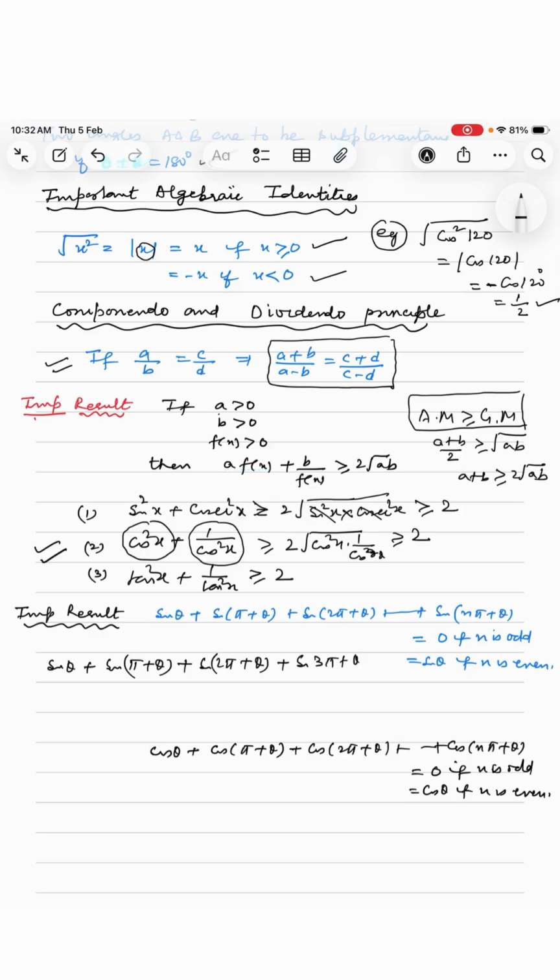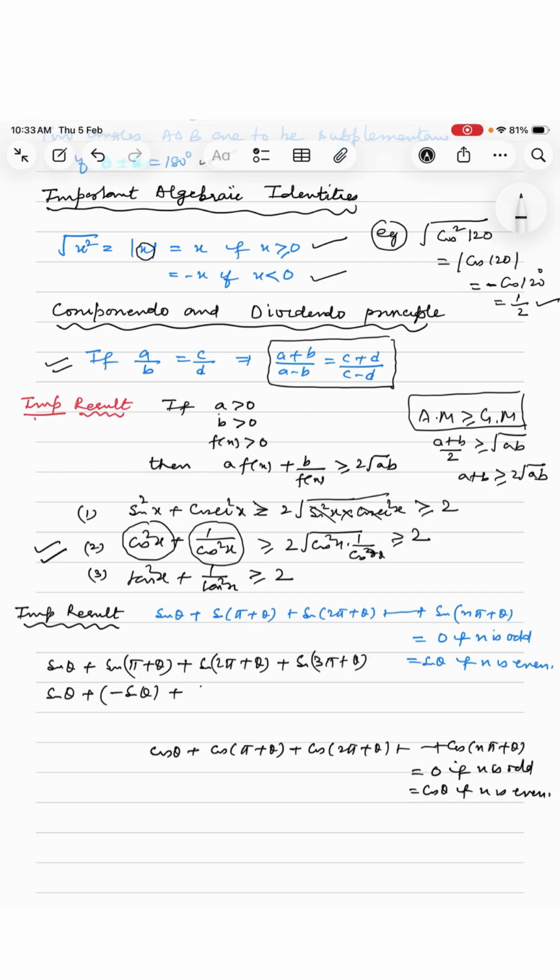Now here n is 3. Therefore answer should become 0 because in trigonometric functions of allied angles, sine pi plus theta, we wrote it as minus sine theta.